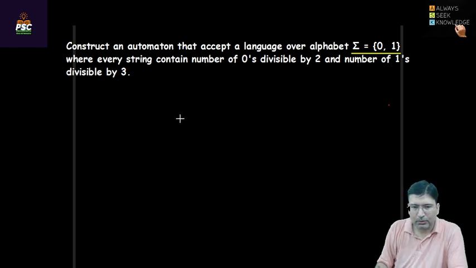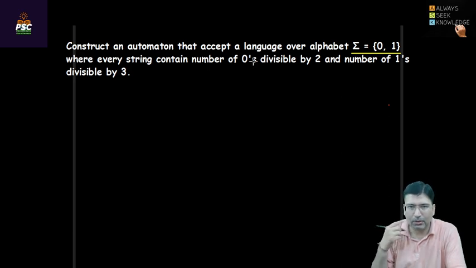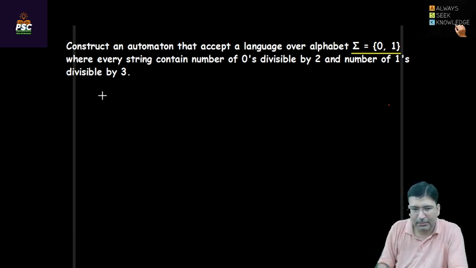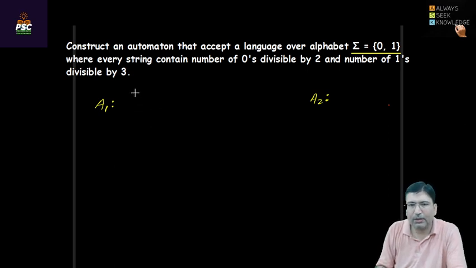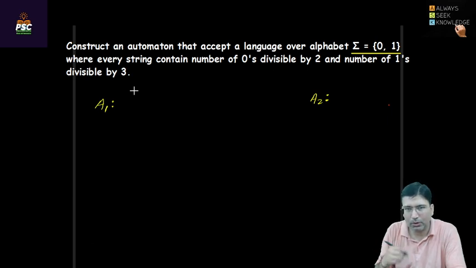If I want to construct an automata for a language in which the number of zeros is divisible by 2, consider an automata A1 and another automata A2. A1 accepts a language where the number of zeros is divisible by 2, so the number of zeros can be 0, 2, 4, 6, right?